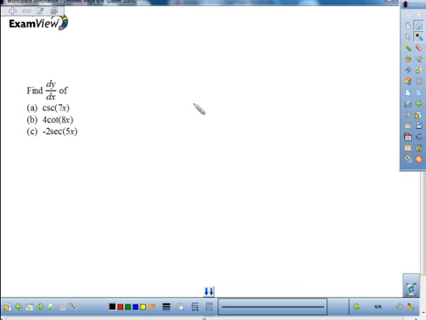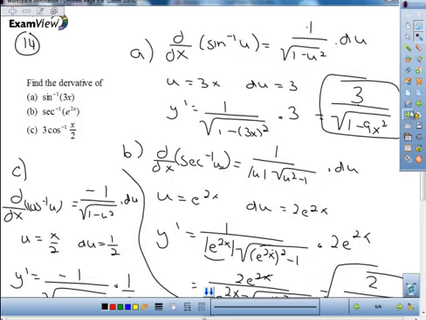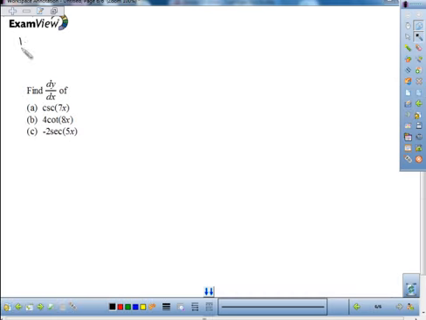So we're going to find the derivative of each one. So the derivative of cosecant of u is going to be negative cosecant of u times cotangent of u times the derivative of u.